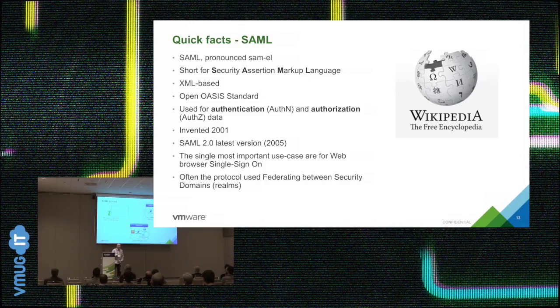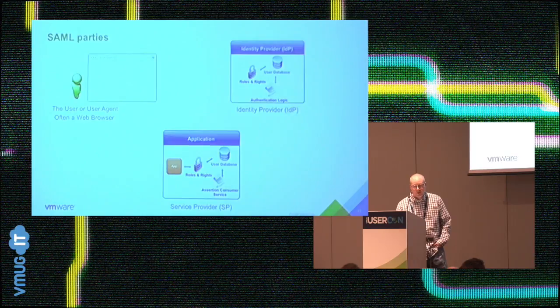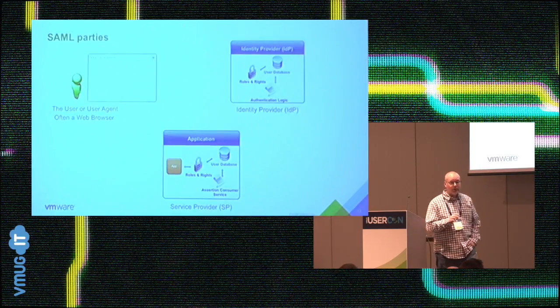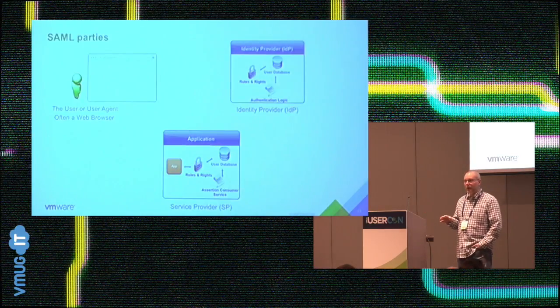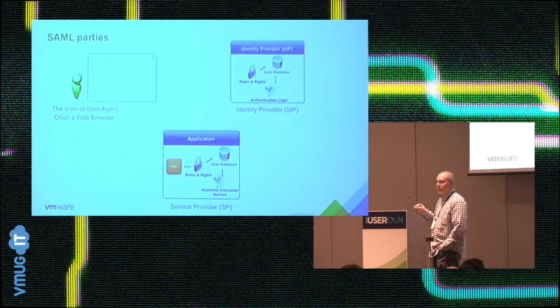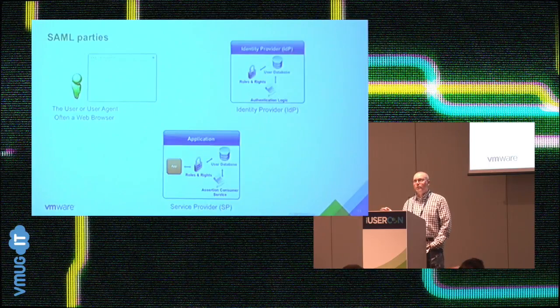Let's look at the different parties in the SAML trust. So first of all, we have the user, which is often referred to as the user agent, which tends to be a web browser. It doesn't have to be a web browser, but many times you will use a web browser or web SDK components to communicate with your SAML applications and identity providers.